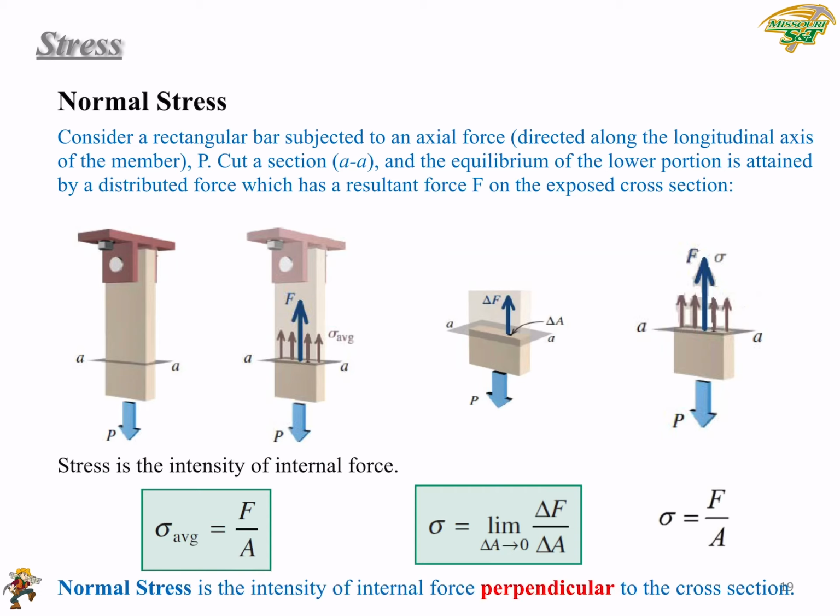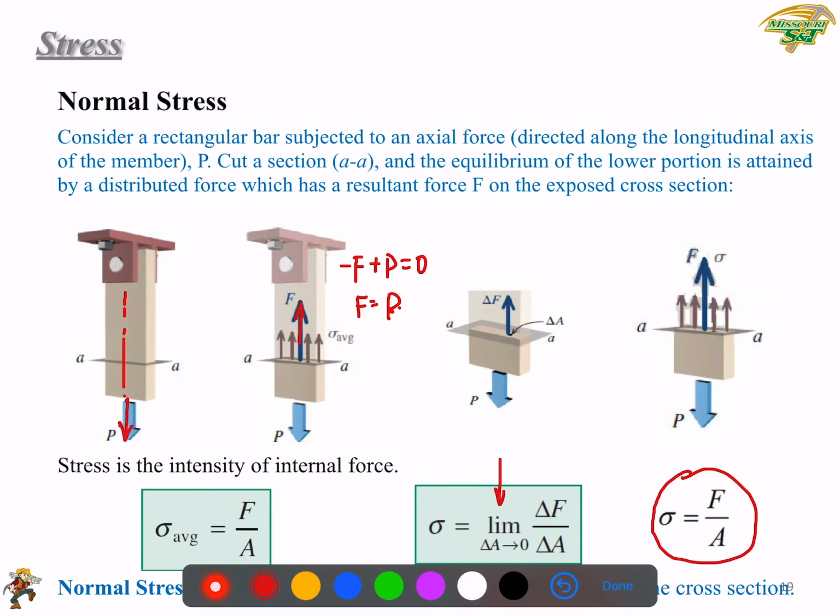And you can see here the normal stress is the intensity of internal force perpendicular to the cross section. So in this case, the cross section AA is here, and your force F is perpendicular to the cross section. So this is a normal force.